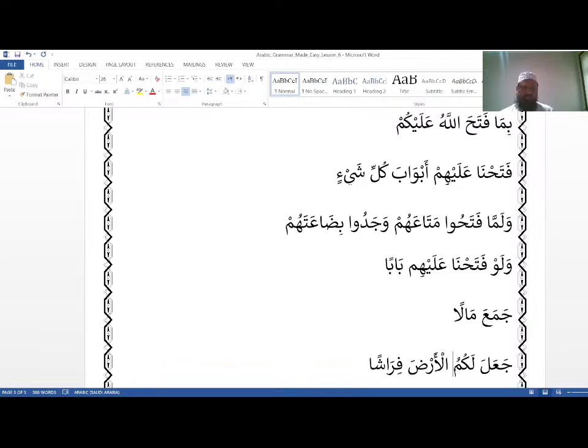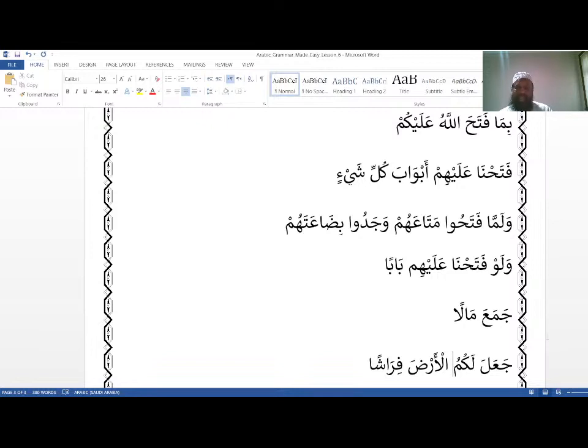He made the earth a bed or a floor. Lakum, for you. Either we can translate word by word, or we can translate as a sentence that fits. He made for you, lakum, the earth as a bed.